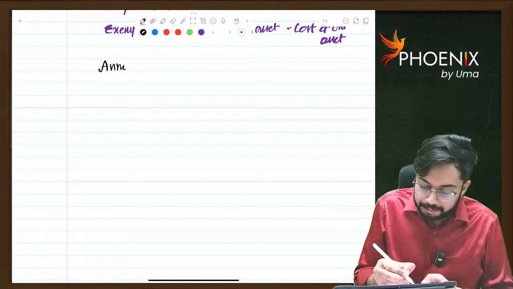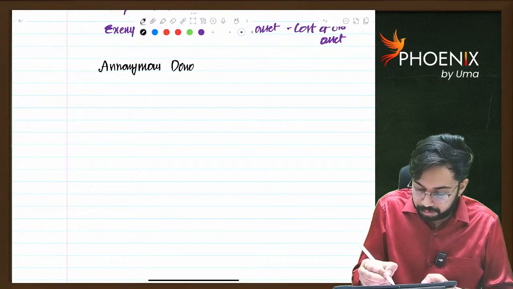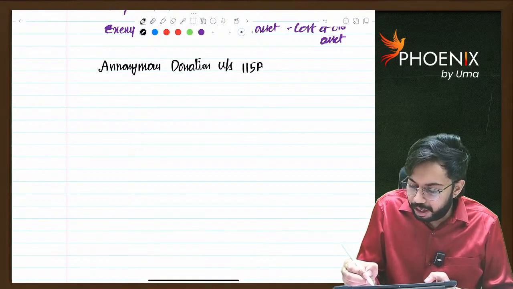Anonymous donation under section 115 BBC.